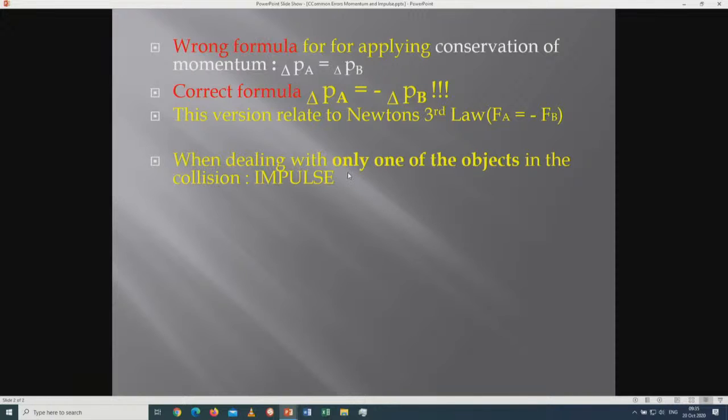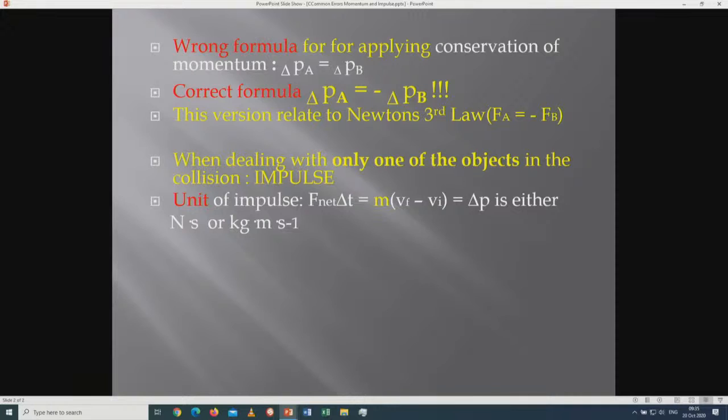Now, when dealing with impulse, you are only dealing with one of the objects in the collision: the change in momentum either of A or the change in momentum of B. And then that is the formula that you use: F net times the change in time, the time that the force acts on the body, equals m times the change in velocity, so m(v final minus v initial).